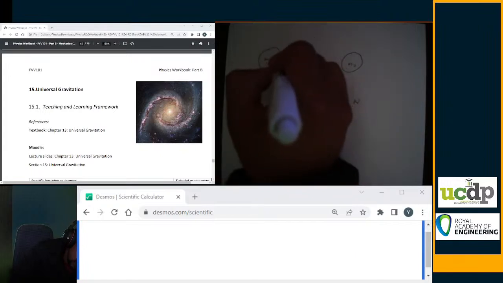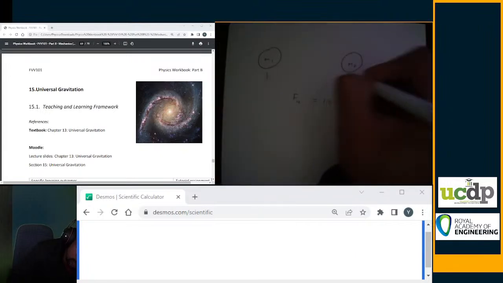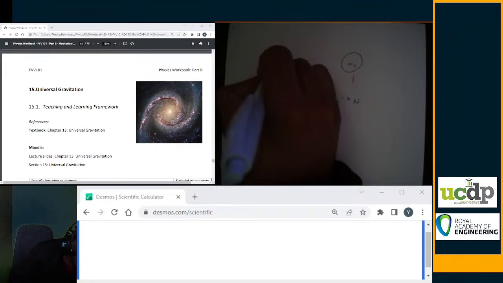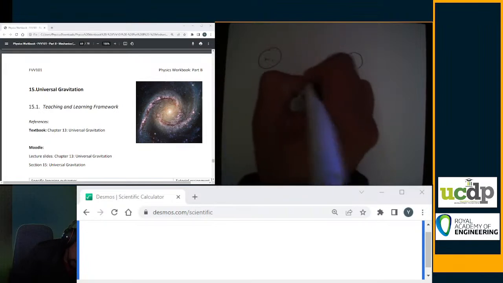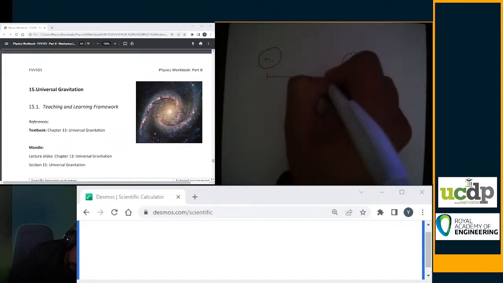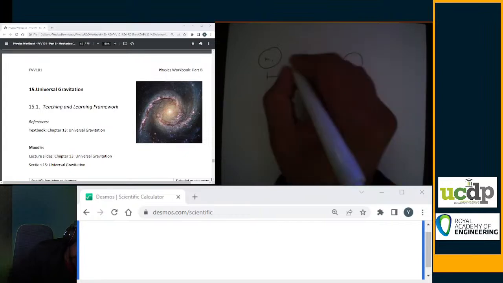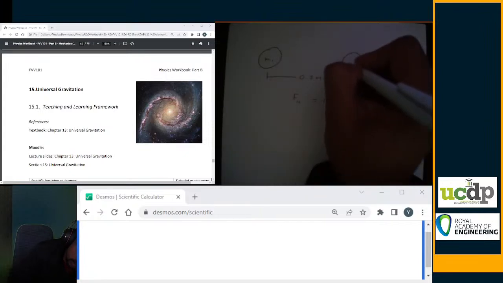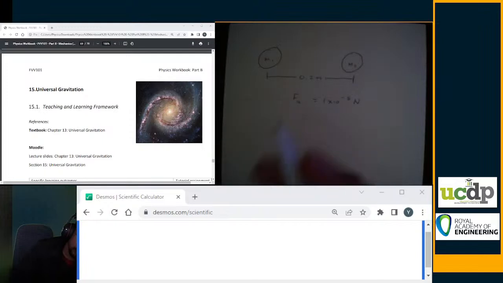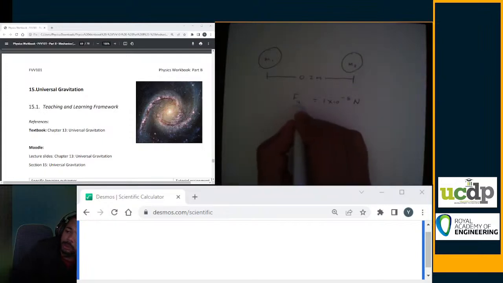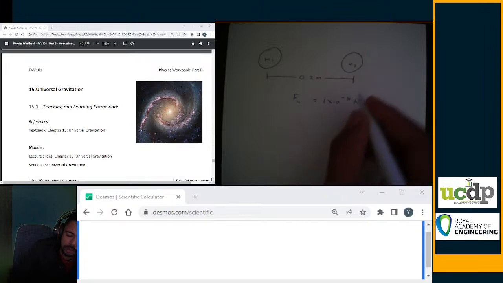And they are separated by a distance of 20 centimeters, meaning 0.2 meters. We're given that the force between M1 and M2 is equal to 1 times 10 to the negative 8 newtons. Okay.